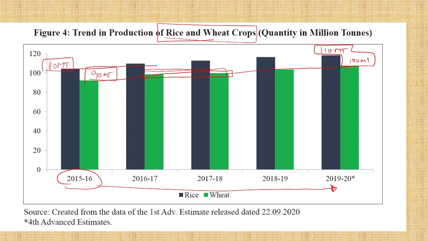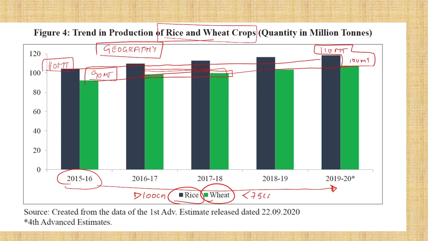In rice, what is the production? See this, it is a gradual increase only, not a complete increase. And when we are seeing this in economics, it is your duty to go to the geography NCERT and see the cropping pattern in India. Cropping pattern, what is wheat or what is rice cultivation? For example, rice needs above 100 centimeter rainfall, wheat needs less than 75 centimeter rainfall.